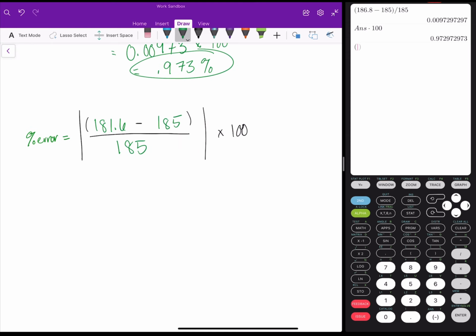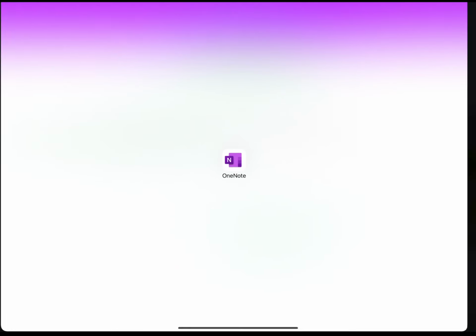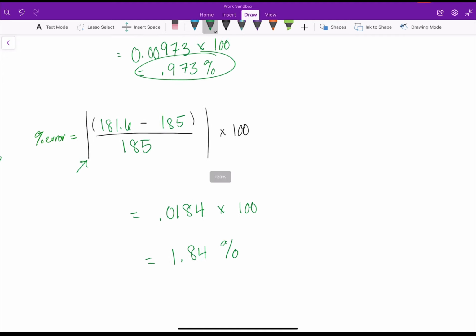If we put it in the calculator, now we see a negative number there, so we're going to have to make that positive because of those absolute value bars. And we have 3 sig figs in our answer, so we have 0.018, and then that 37 rounds to a 4 here, times 100. For our final answer, we have 1.84%. So those are our percent errors for student A, B, and C.